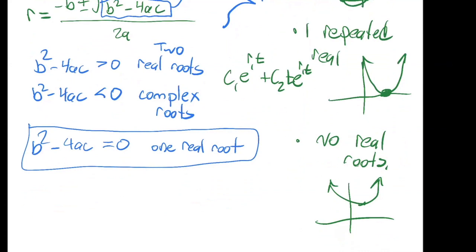So in this case, we don't know what B is, but we know that A is 2, and we're told that C, or in this case, K, is 3. So we've got an equation. We want the thing under the square root to be equal to 0. So that would be B squared minus 24 should be 0.